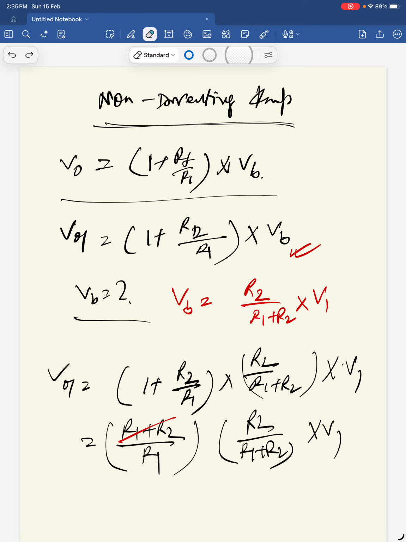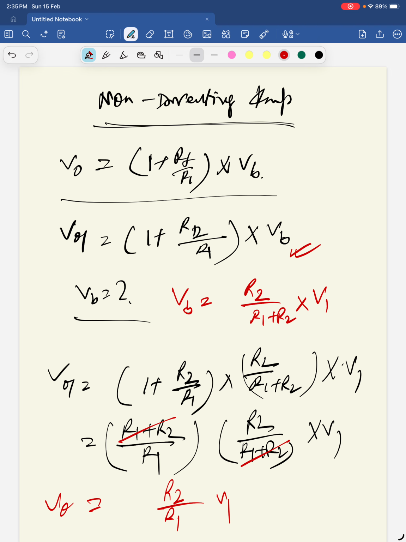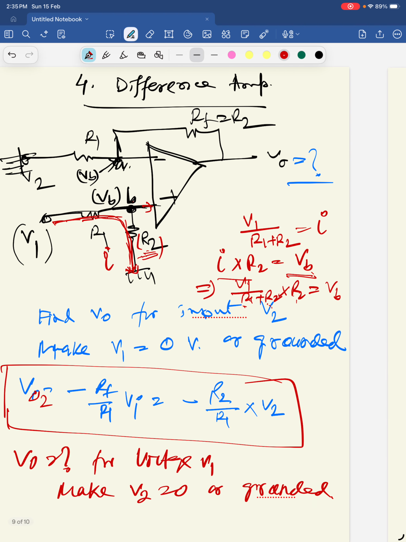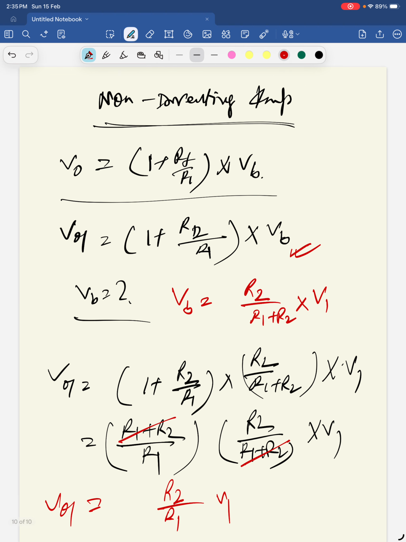So R1 plus R2 and this R1 plus R2 cancel out. So ultimately what we get is R2 by R1 into V1, that is V01. So we got V02.